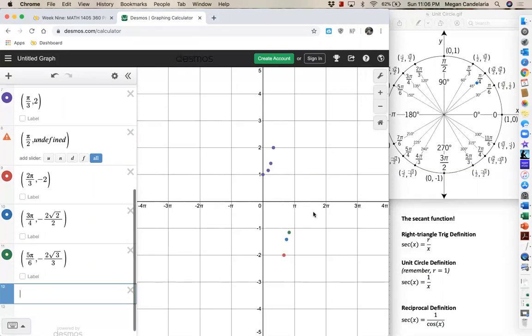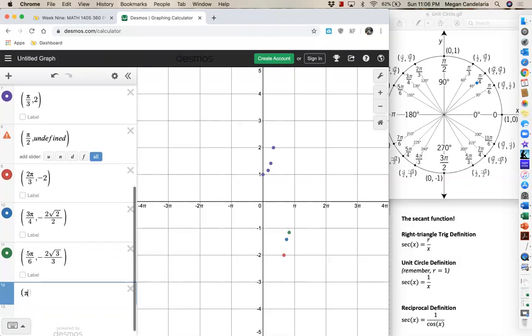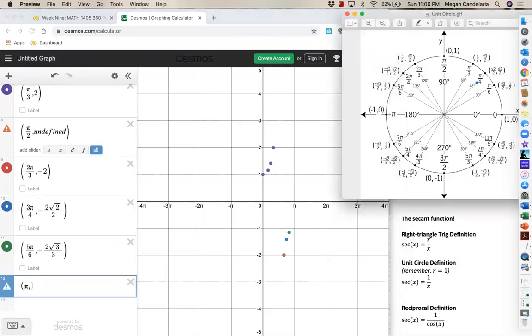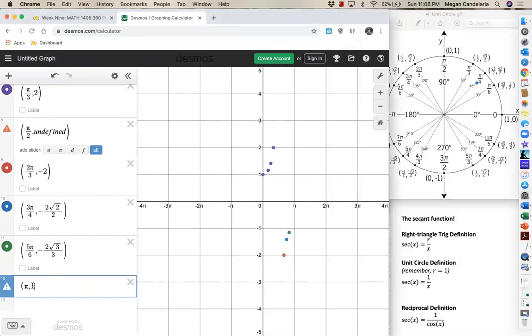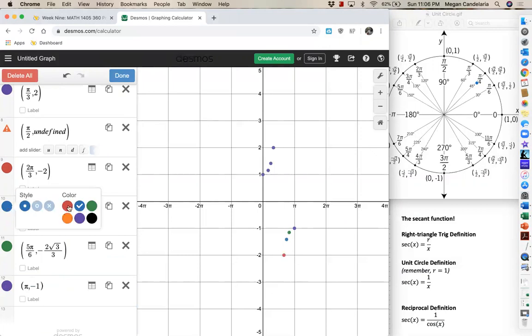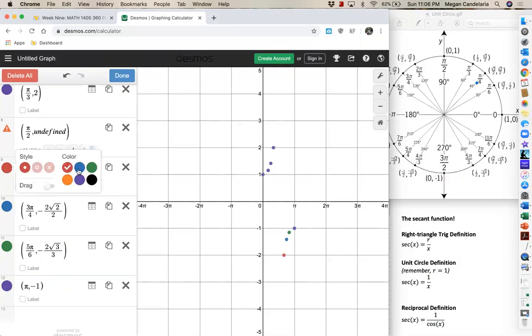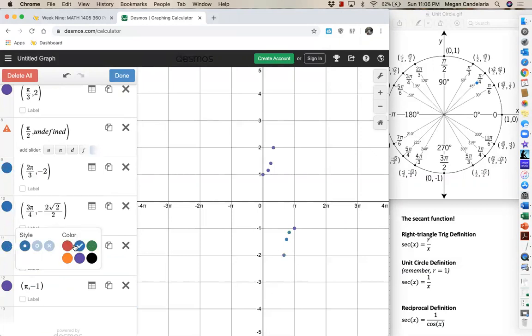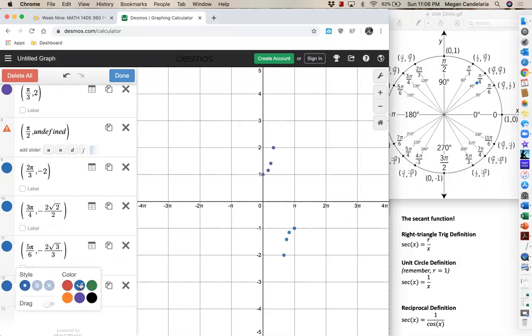All right, and then let's see what happens at pi. So at pi, our x-coordinate is negative 1. When we reciprocate that, we'll have 1 over negative 1, which is negative 1. So these, let's make them all blue, are going to represent our points in the second quadrant.